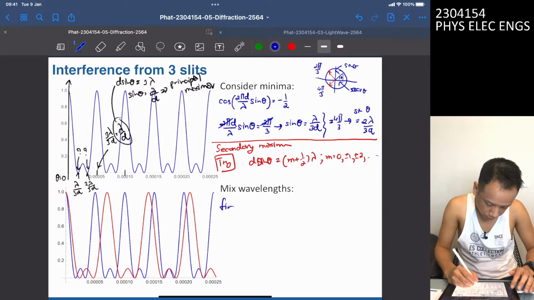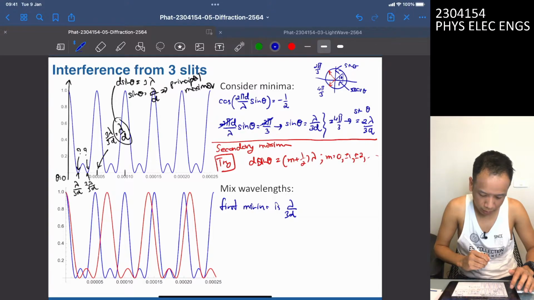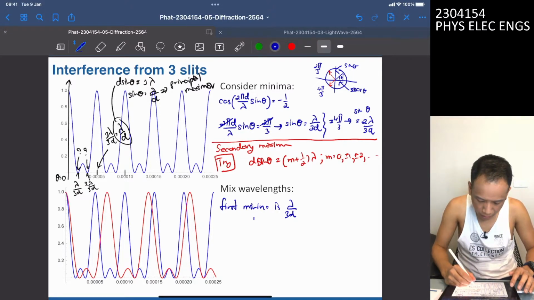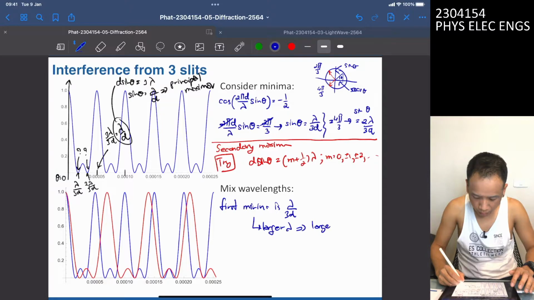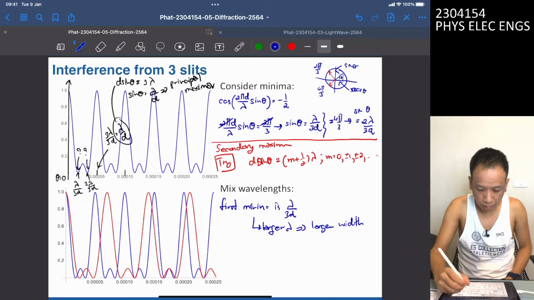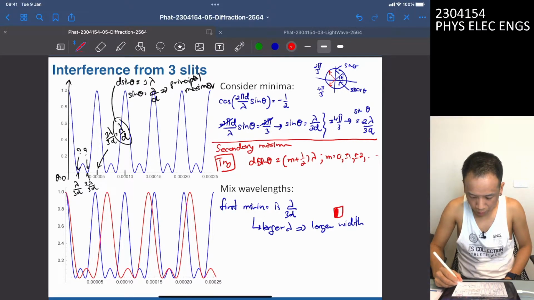You say that the first minima is lambda over 3d, right? Which means larger lambda, larger width. Okay, this is the case of the red light.